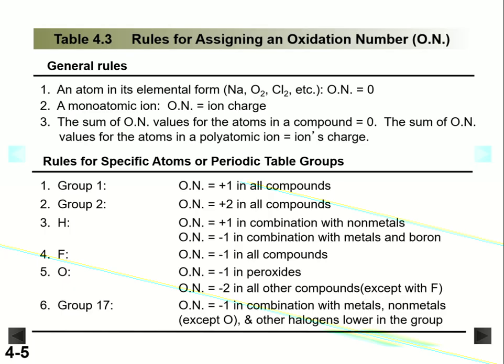And then for peroxides, the oxidation number for O is -1. And group 17 is generally -1 when any group 17 element is combined with a metal, a nonmetal other than oxygen, or with another halogen that is lower in the group. And we'll see some examples of this later on. So we'll do some oxidation number assigning in our next video.